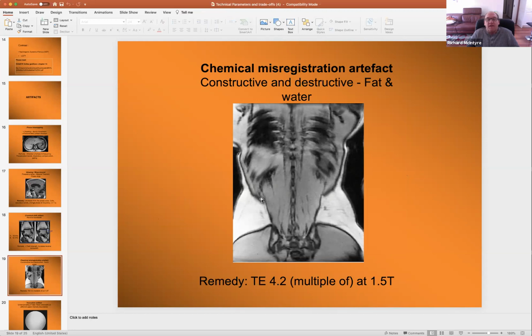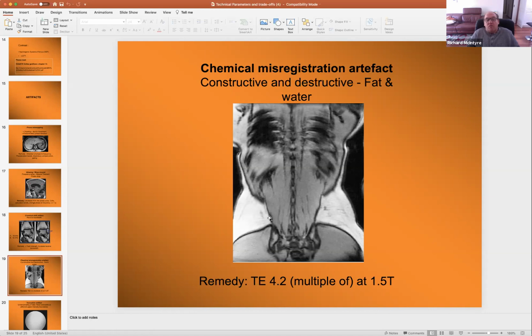Those two, fat and water, are going to work against each other, and we're going to subtract that difference. So we're going to get no signal or very little signal at those boundaries. When they work together, we're going to get increased signal.